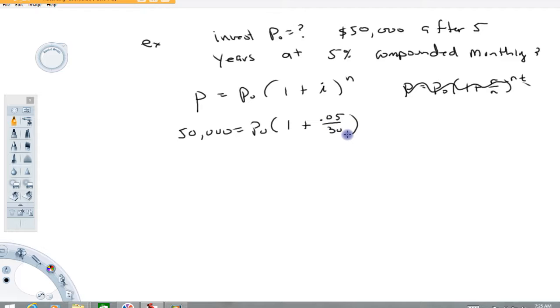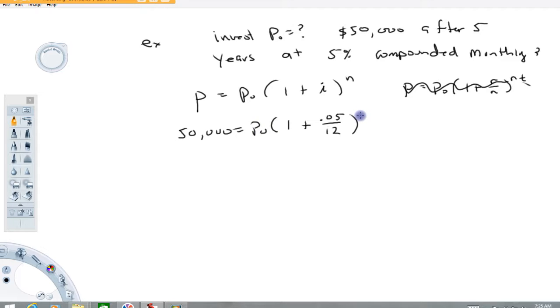I'm sorry, 12. It'd be 30 if it was compounded daily. Okay. Monthly compounding. So then each month you would have 0.05 over 12 applied to your principal. And then times n, the number of compounds.